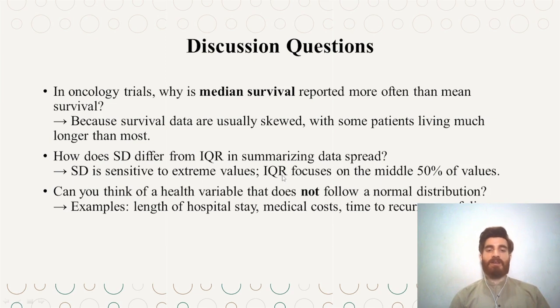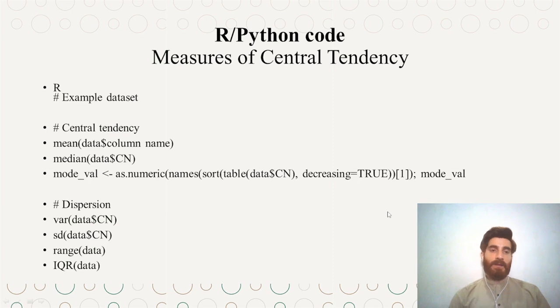It does not take into account the upper 25% and the lower 25%, so it is not affected by extreme values. The third question is, can you think of a health variable that does not follow a normal distribution? Examples are length of hospital stay, which may be different for different patients, medical costs, and time to recurrence of the disease.